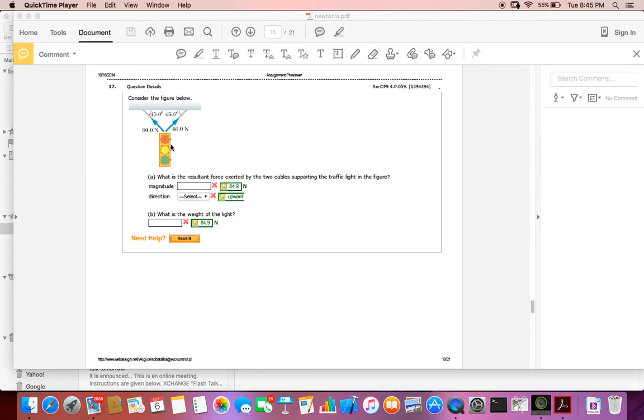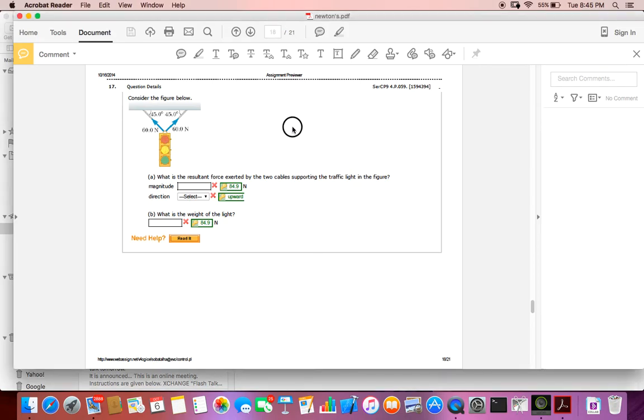So basically, what you do, you take this object, and then you do a free body diagram on it.